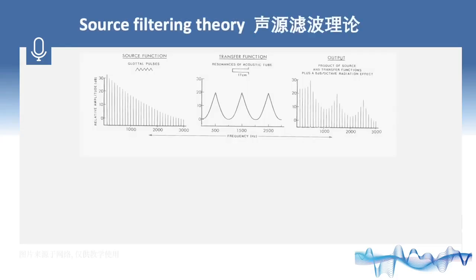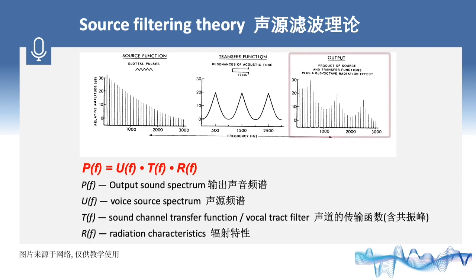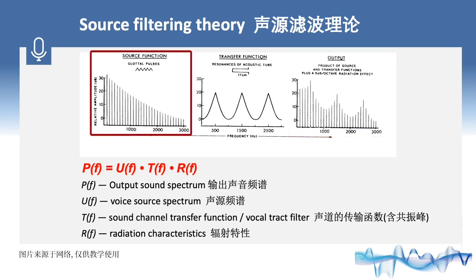Source filter is a way of conceptualizing the problem of speech production in the frequency domain. From the view of spectrum, the output sound spectrum can be obtained by the product of source and transfer functions plus a radiation effect. For voiced speech, the source function of the glottal pulses has the structure of harmonics.